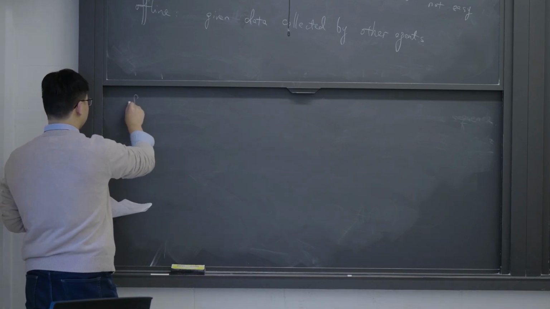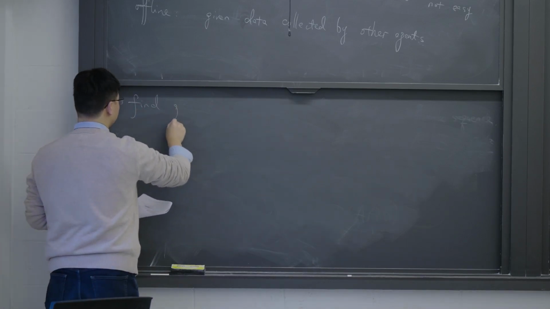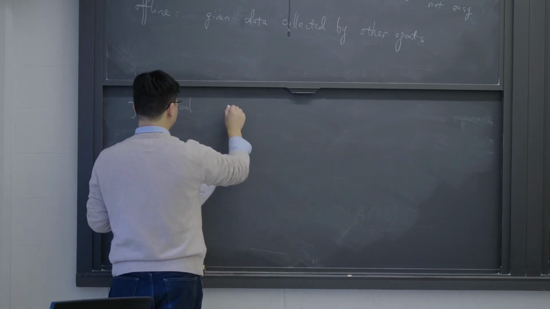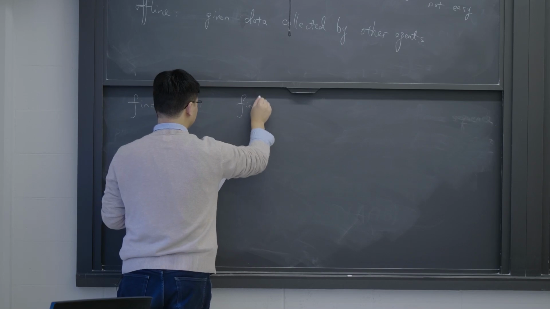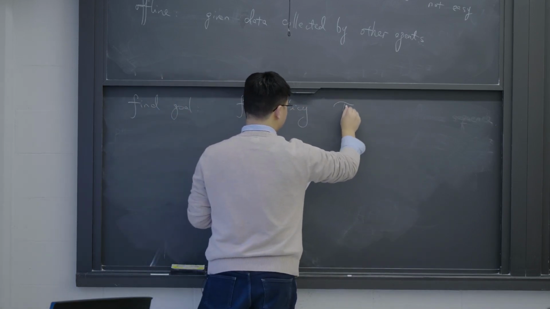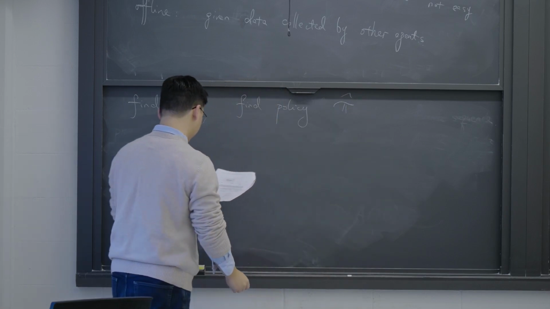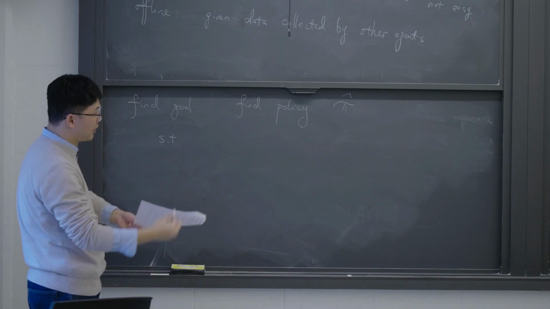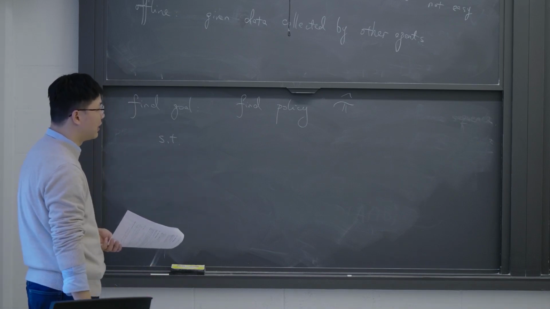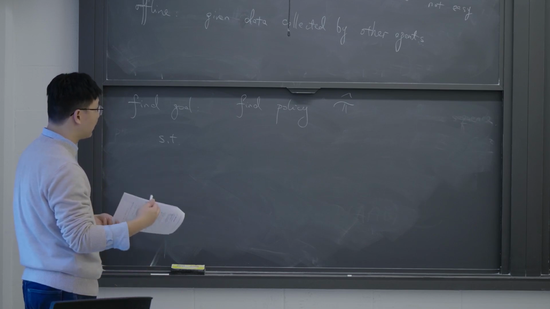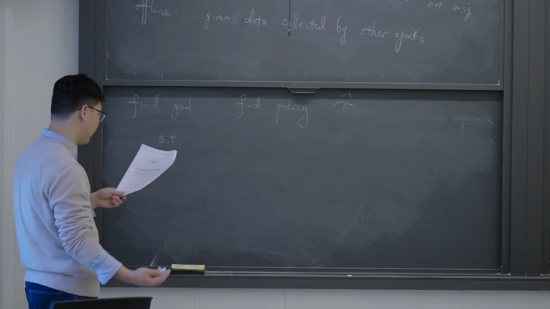We want to recall that the final goal of reinforcement learning is to find some policy, let's say pi hat. Because we have statistical error, we're never able to find exactly the optimal policy, but we want to find something close to optimal, like epsilon optimal.